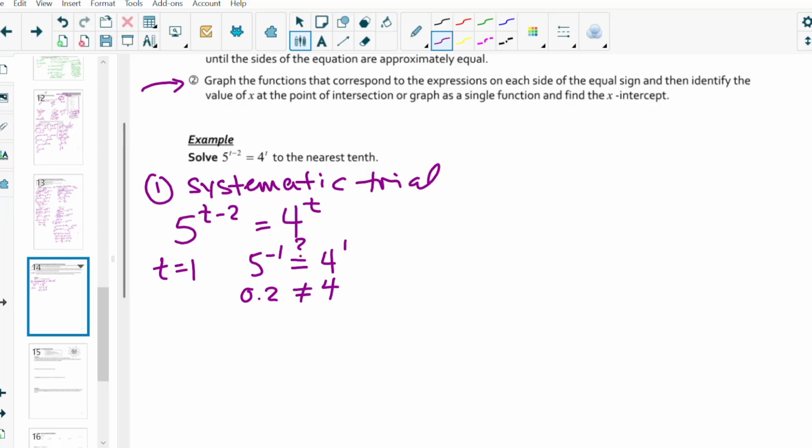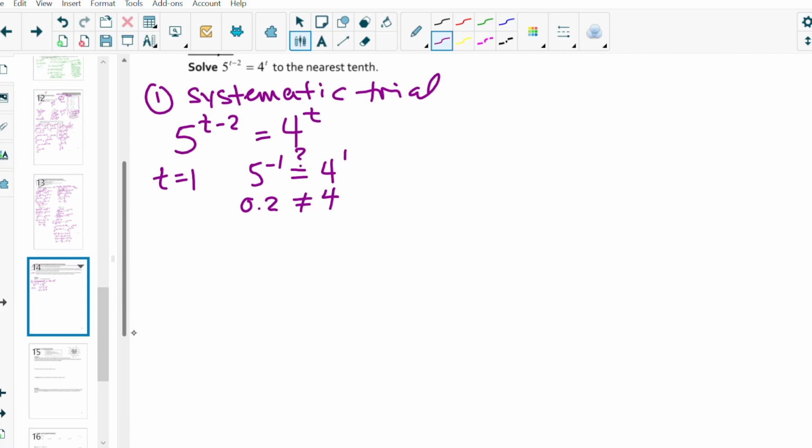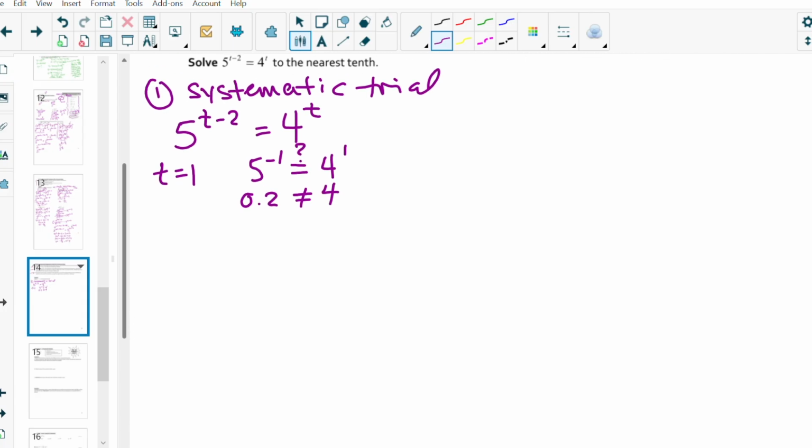You have to start at a certain point and then work your way up or down and see what happens with our trend. So if I go t equals 2, that's 5 to the 0. Does that equal 4 squared? 1 obviously does not equal 16.